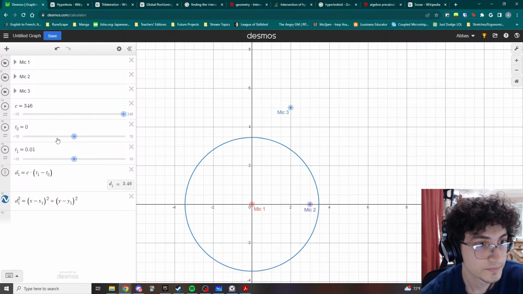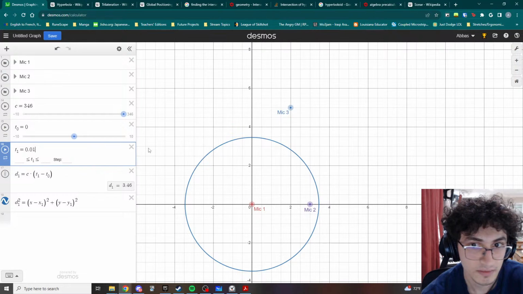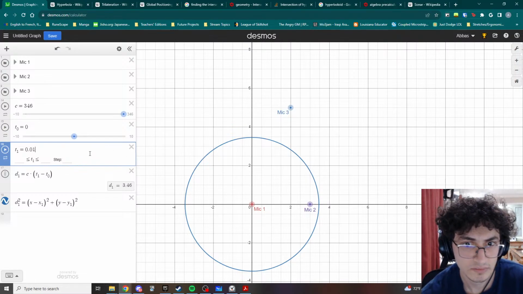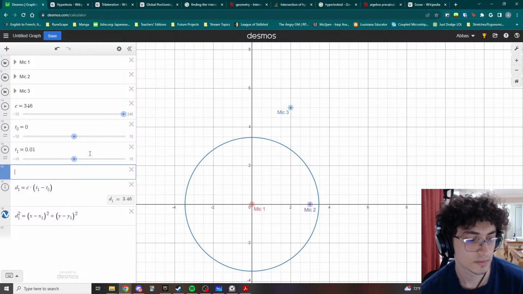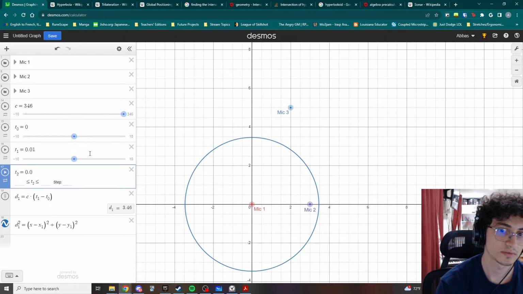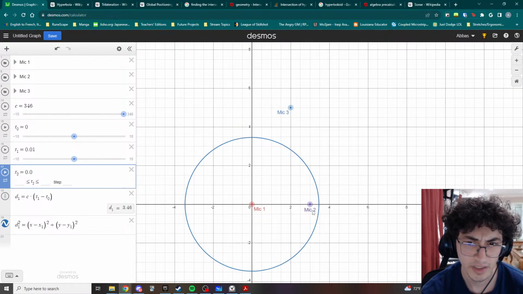Mic 2, let's say T2 is equal to 0.02. I actually don't know.